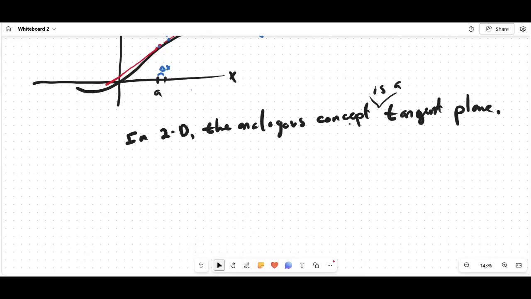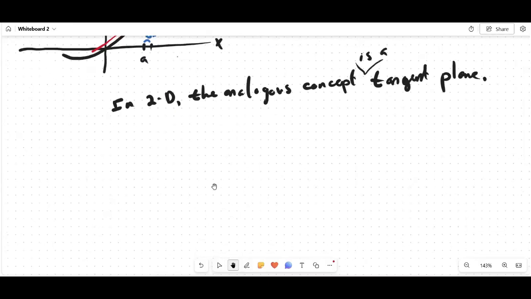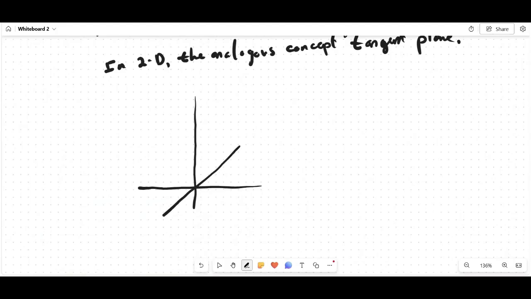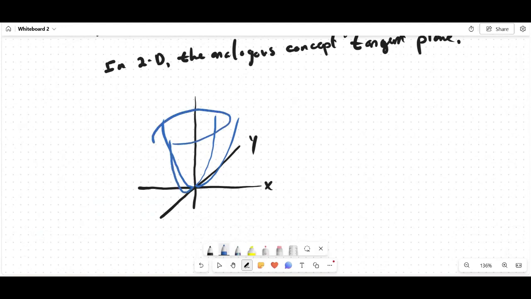So we've got to build this up. A quick sketch to motivate the words I'm about to write. Let's try to make things interesting by not continuing with the sphere. Let's go with an upward facing paraboloid. So we'll go up like this and up like this, and the same thing in the other two directions.